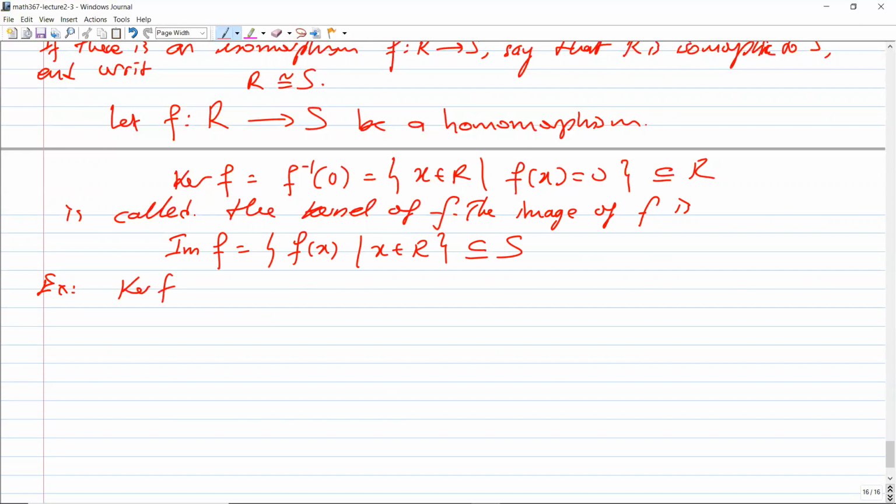Of course, when f is a homomorphism, the kernel of f and the image of f are subrings.